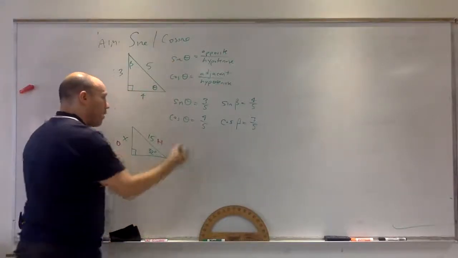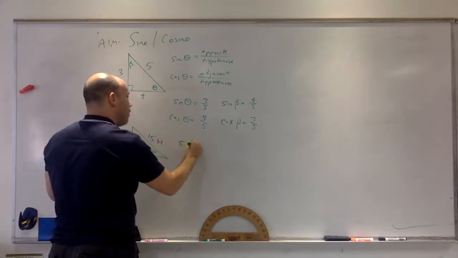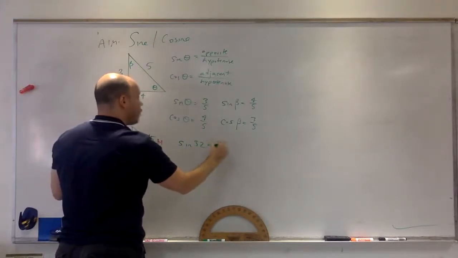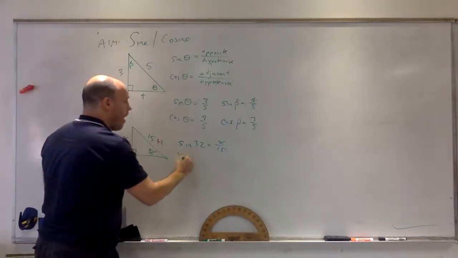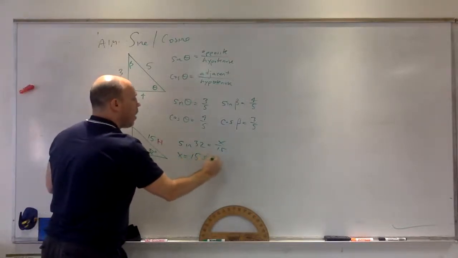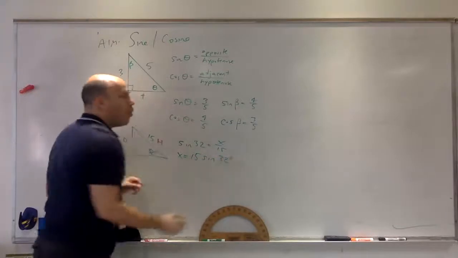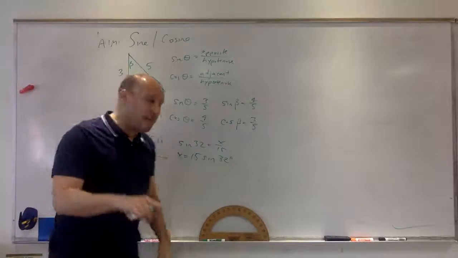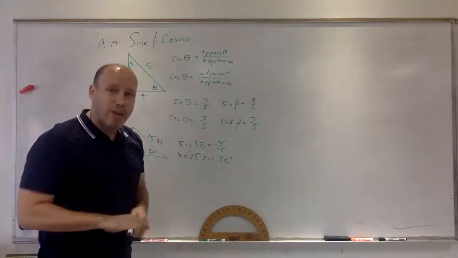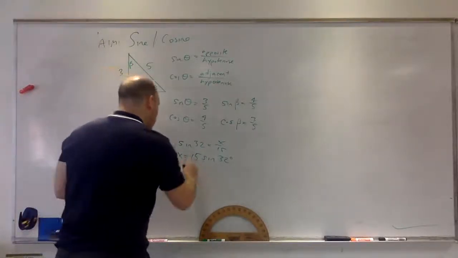So you write the equation, sine of 32 is equal to x over 15. Multiply both sides by 15, x equals 15 sine 32. Go to your GDC, make sure your GDC is in degrees. Look at the upper right-hand corner, and you figure out the answer.